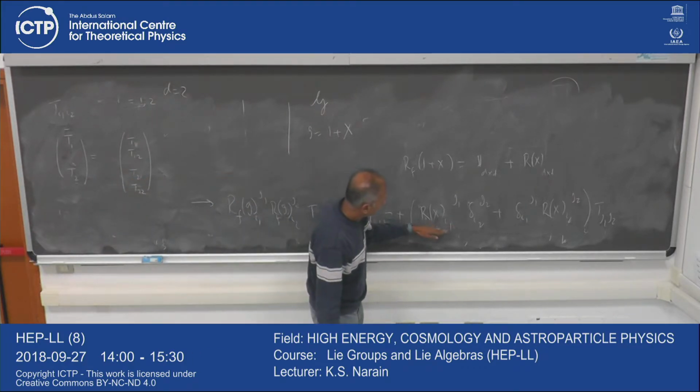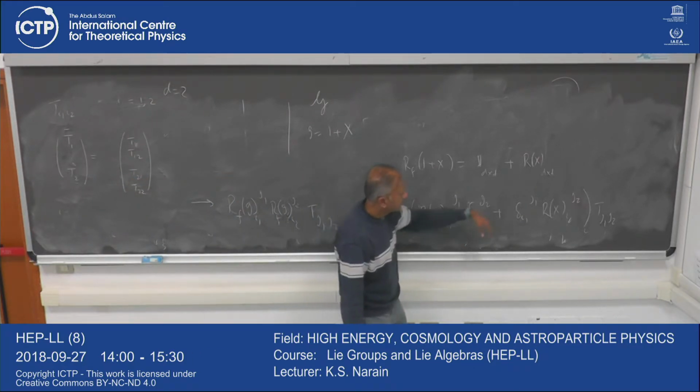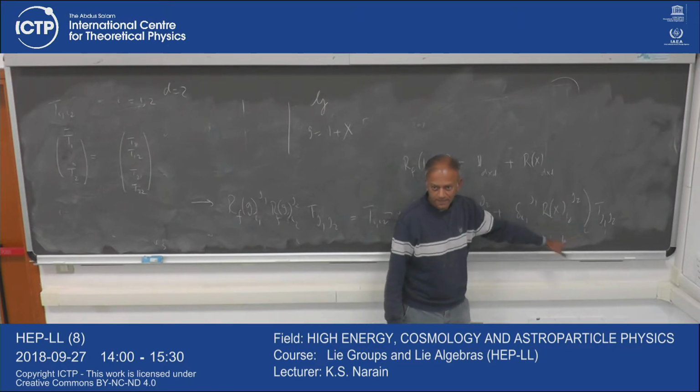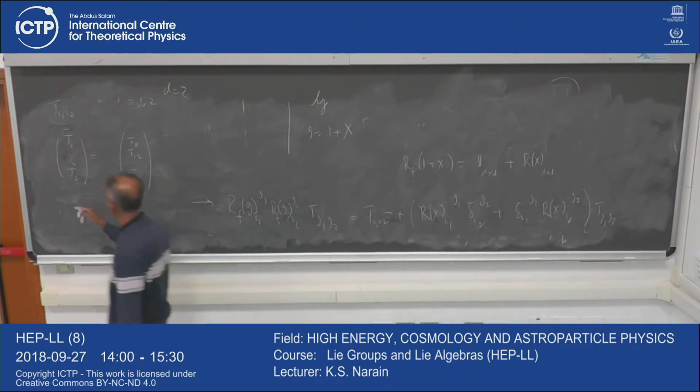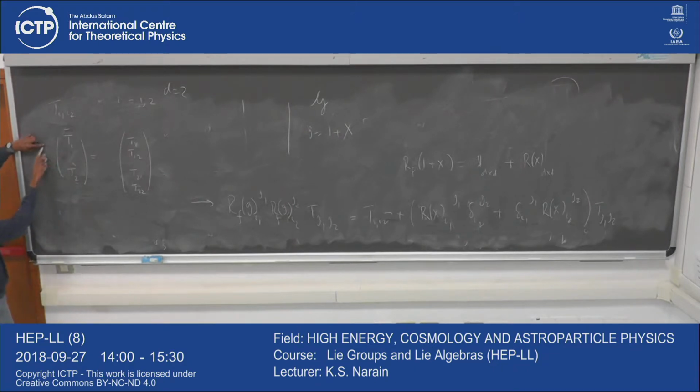We said there's one term where sigma 3 acts on the first index, and then there's another term where sigma 3 acts on the second index. So when it acts on the first index, what is it going to give me? It doesn't see the second index, right? Second index is identity. So that will be simply given by identity here and a minus identity here. I write it as minus identity because this, remember, is a 2-column vector. So here, this is a 2 by 2. These are blocks. There's a 2 by 2 block here, and that's a 2 by 2 block.